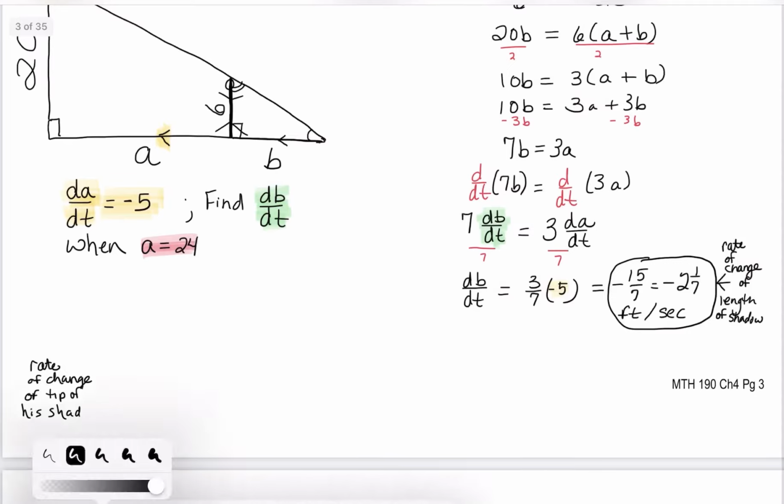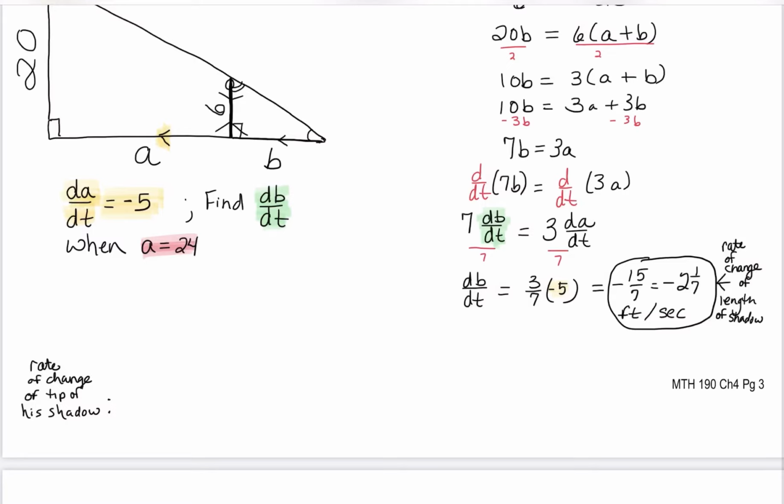Did you notice that we never needed to sub in that A equals 24? So if we went back and looked at the picture, that was really revealing: the rate at which his shadow was decreasing, just focusing on the shadow length, was constant no matter what time or location, how far he was from the light, or if he was moving towards or away from it.